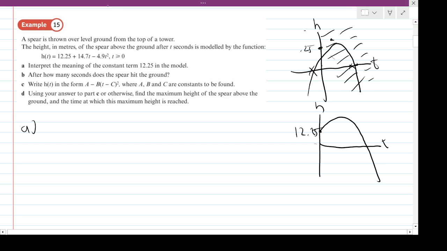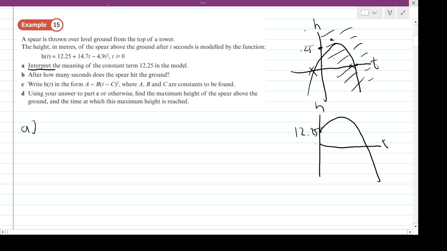So interpret is the key word you're going to see when we do these modeling questions. That means give what this number, this term, represents in the context of the real life problem, right? So here, a spear is being thrown from the top of a tower.